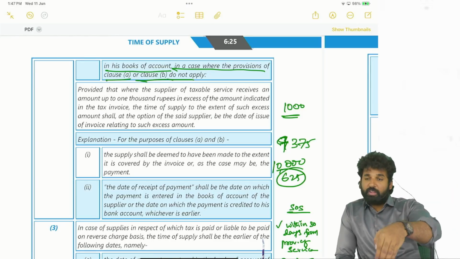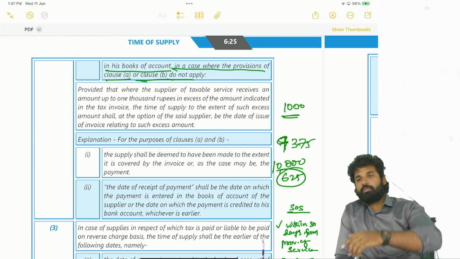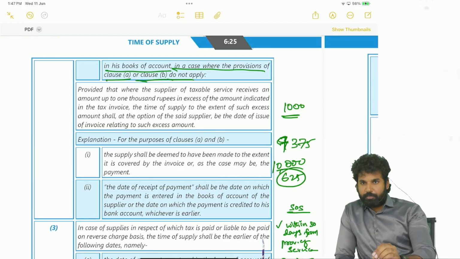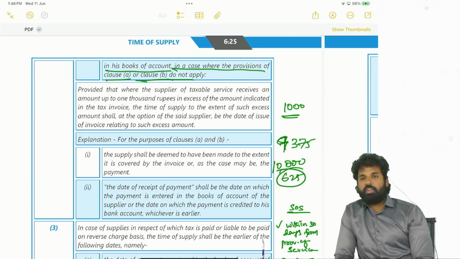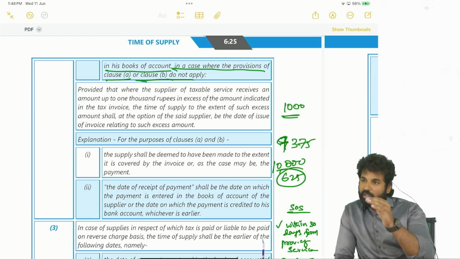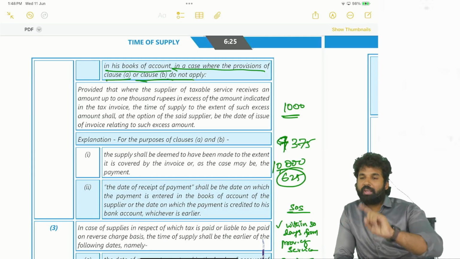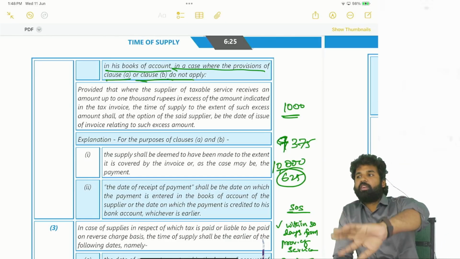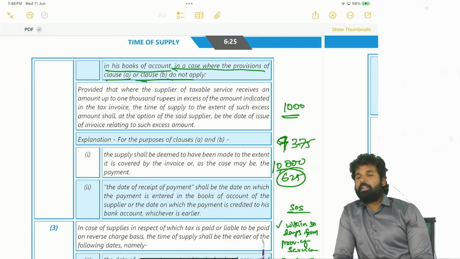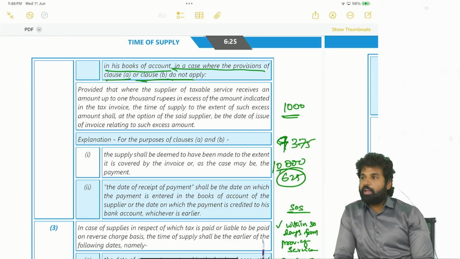Now in the case of services, they are giving an option. Actually, if you are receiving advance on the 625 also, you have to pay the GST whenever you are receiving advance. But if you want, you can adjust this in the next bill. Whenever you are giving the next service, then only you can make the payment of GST. Then only the time of supply will come.